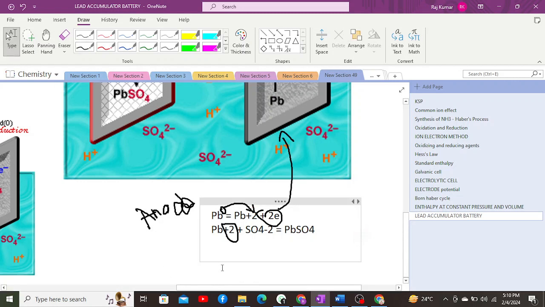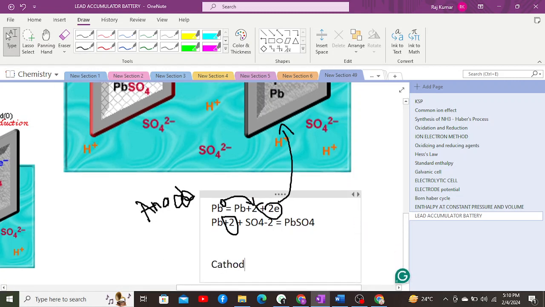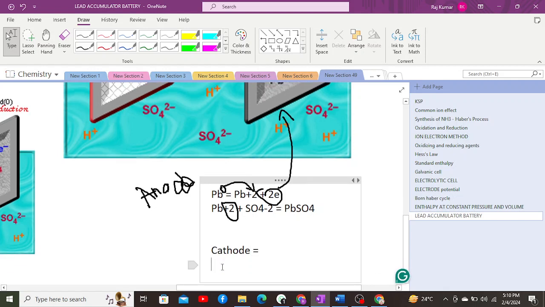Now when it comes to the cathode, the cathode basically has the following reaction occurring, with lead oxide.